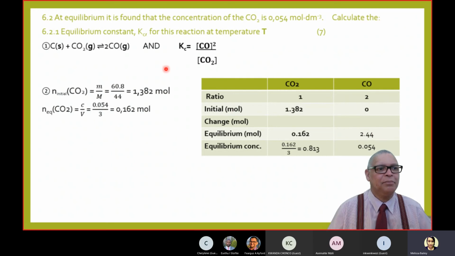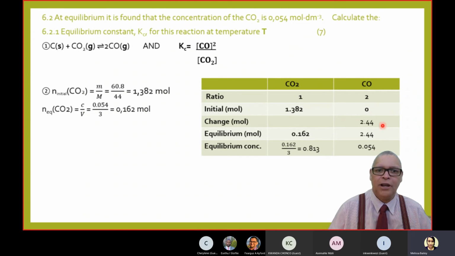And the reason why we're multiplying it by 2 is because the mole ratio between these two is 1:2. So if this represents 1, then this must be 2 times that. And that's why we get that. So from 0 to 2,44, the number here is going to be 2,44.